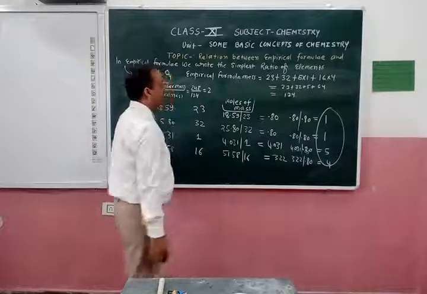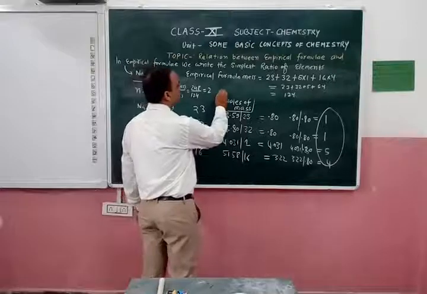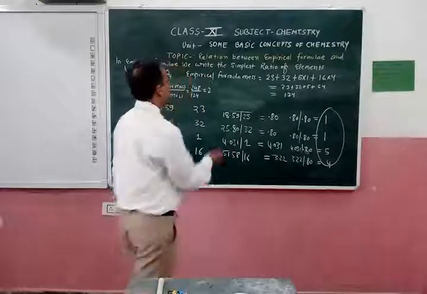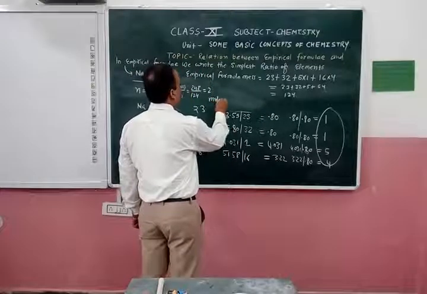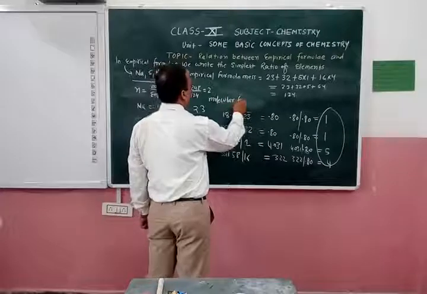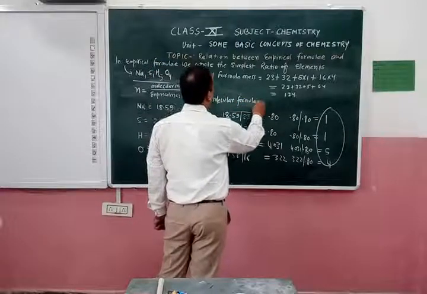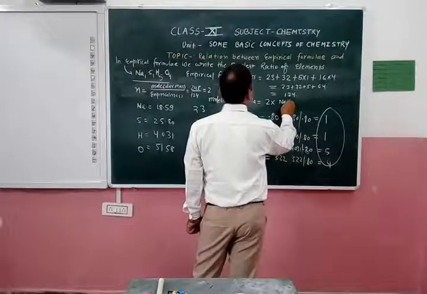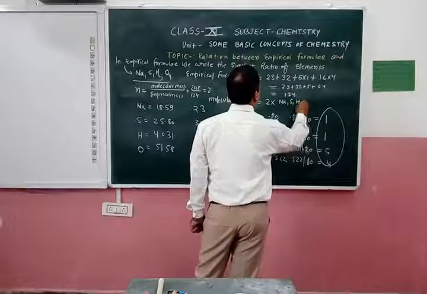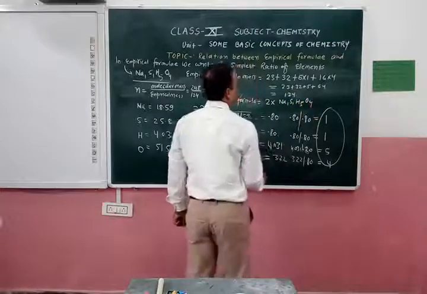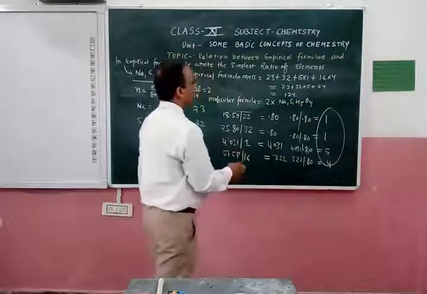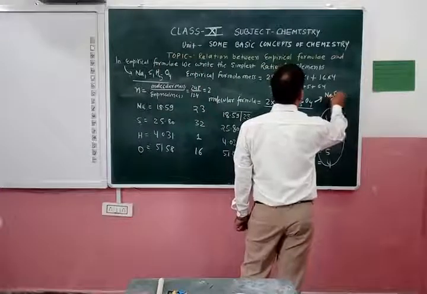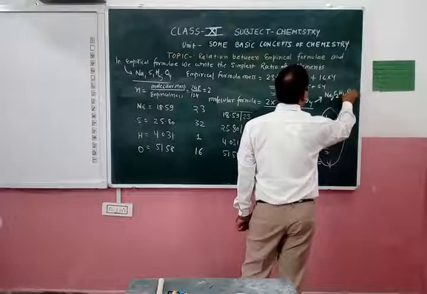And the molecular formula which we get is: molecular formula equals 2 multiplied by Na1S1H5O4, and the formula we get from this is Na2S2H10O8.